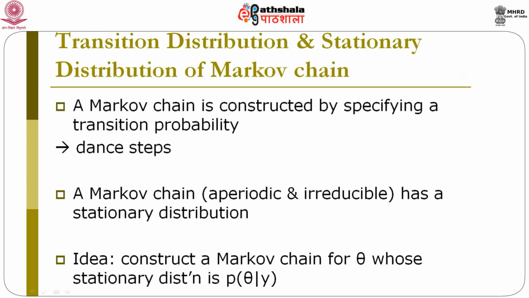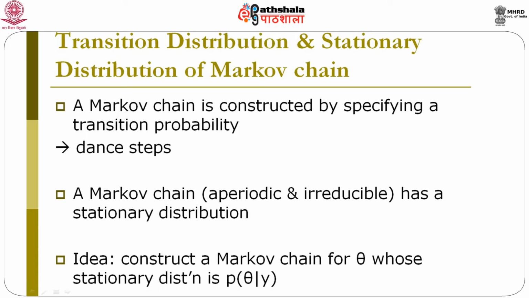Now, the transition distribution and stationary distribution of a Markov chain. A Markov chain is constructed by specifying a transition probability. So we need to specify the transition probability appropriately, so that this Markov chain leads ultimately to the stationary distribution of interest, and the stationary distribution is the posterior distribution.